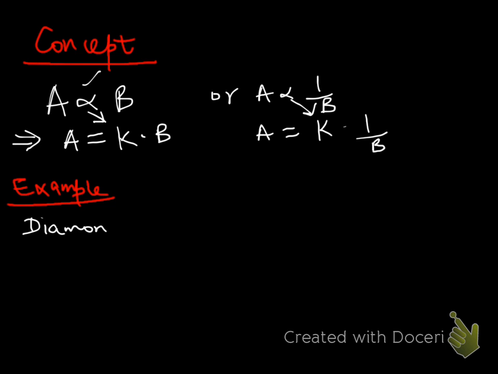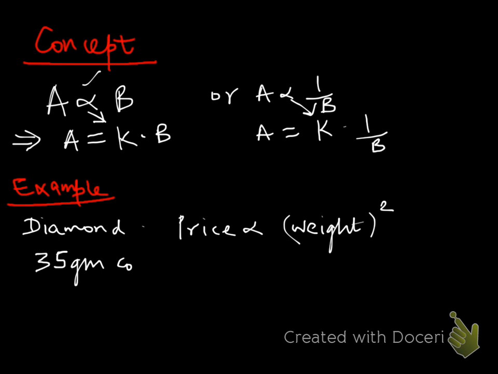Let's assume I have a diamond, and like most precious stones, it's a common fact that the prices of most precious stones vary in direct proportion to the square of their weights, which is, price is directly proportional to the weight square. And let's assume the weight of the diamond is 35 grams, and it costs us 12,250. That's pretty costly, I believe.